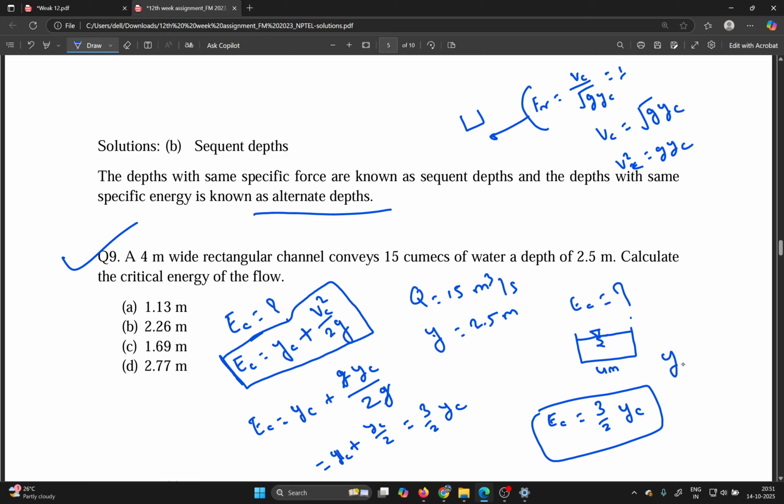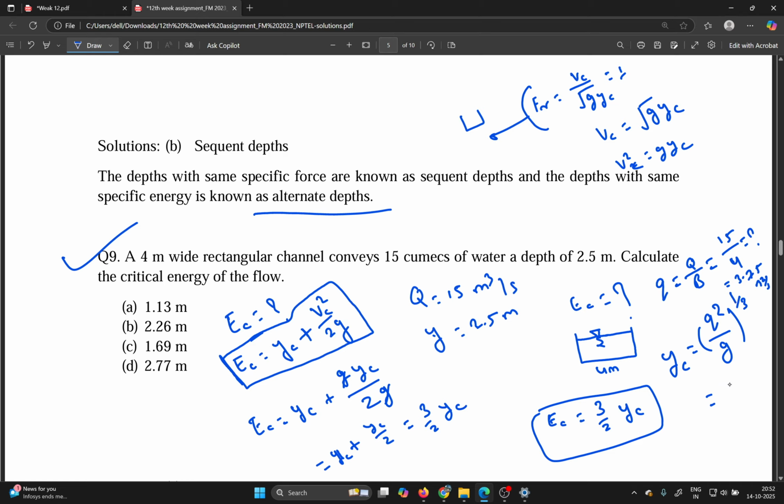So what is Yc? Yc is nothing but q square by g to the power 1 by 3. What is q? q is nothing but capital Q divided by B. Capital Q is 15 and B is 4, so you can calculate very easily. Let me just calculate. 15 divided by 4 is 3.75 meter square per second.